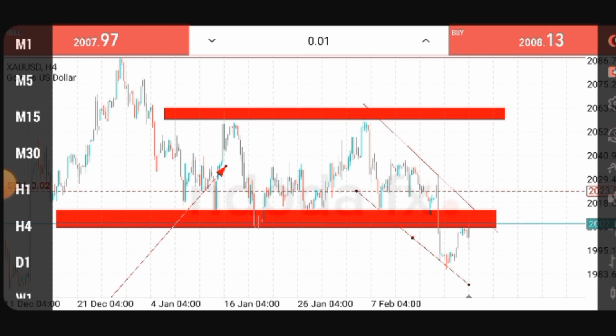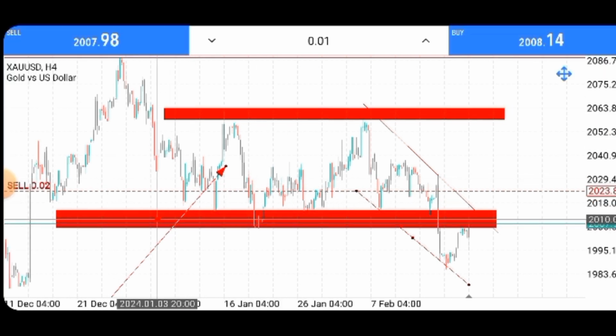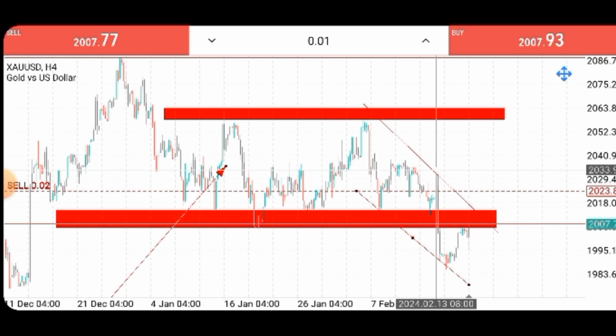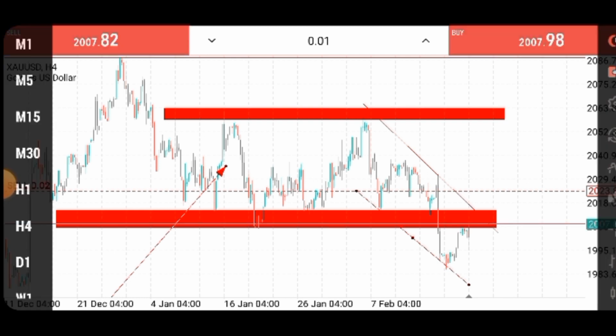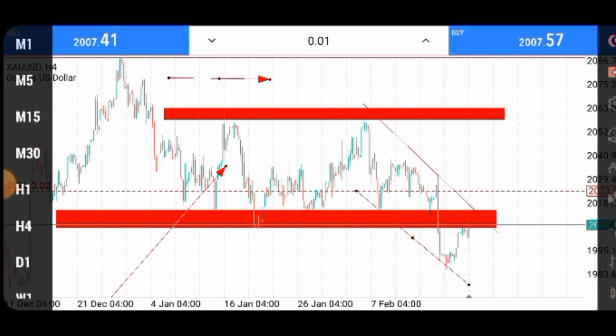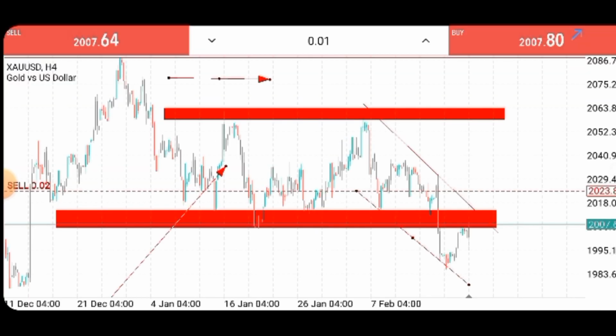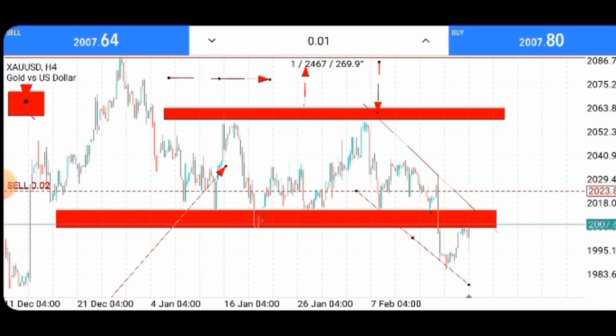Currently you can clearly see that we are in a structure that has been moving sideways. In forex we have sideways movement, upward movement, and downward movement.